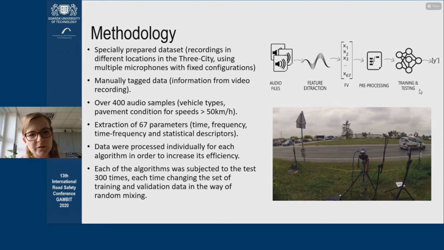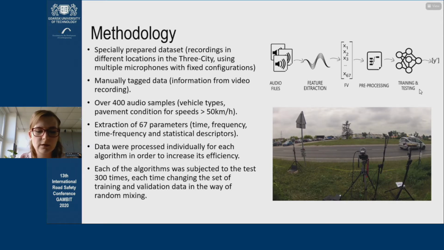Then we established parameters. There was a vector of 67 parameters for the sounds that were recorded: time, frequency, statistical descriptors, changes over time, all this based on the sound of the recording.